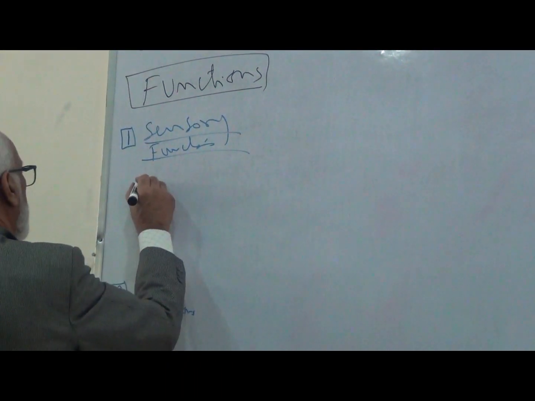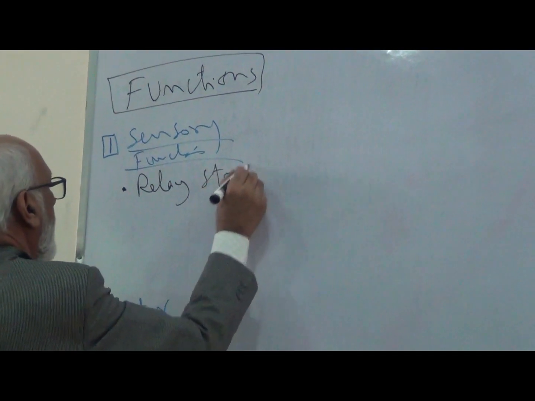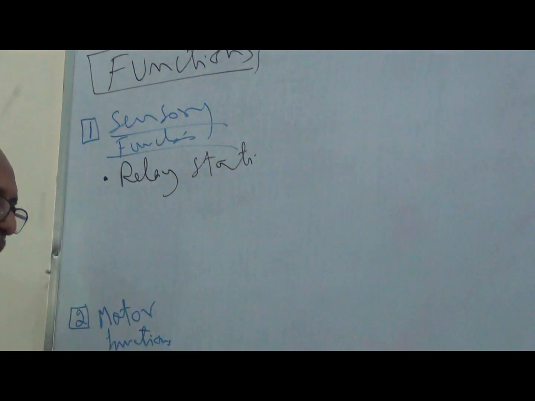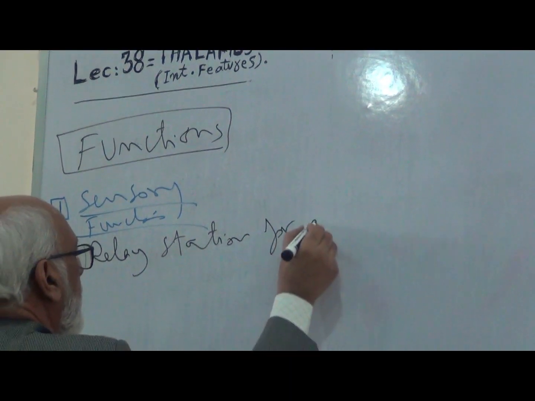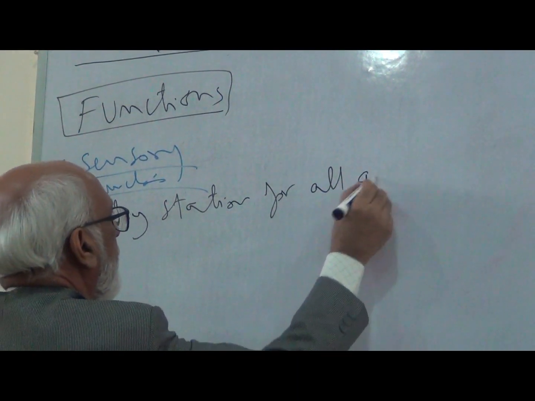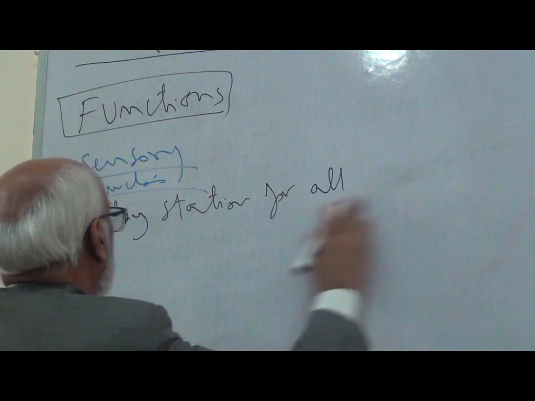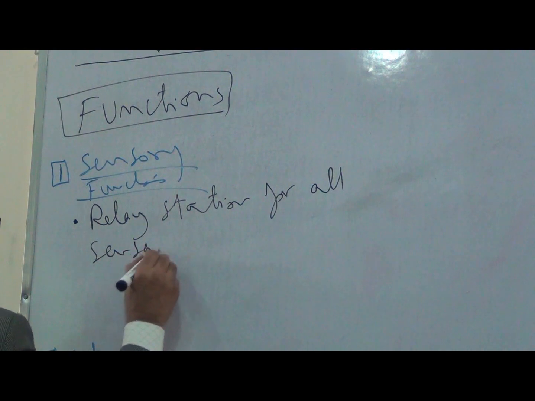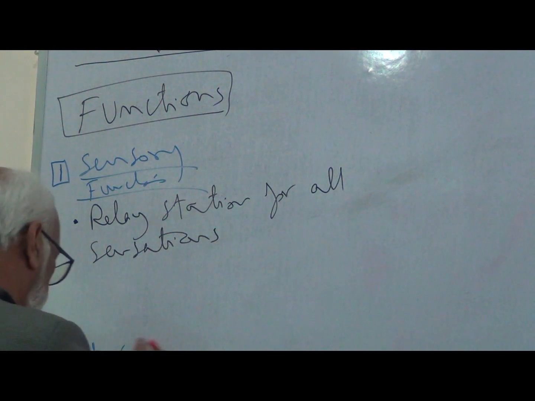The thalamus is a relay station. As far as sensory functions are concerned, it is a relay station for all sensations except olfactory sensation.